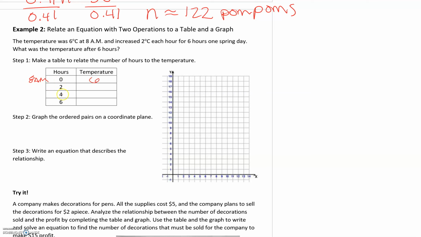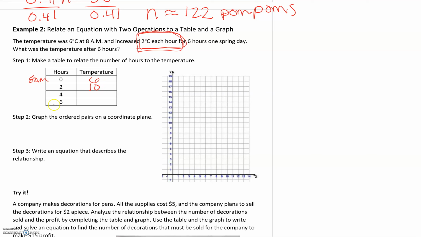Okay, so then after 2 hours, so each hour it's increasing 2 degrees. So if it's increasing 2 degrees in 1 hour and 2 hours, it's going to increase by 4 degrees. Okay, so here I'm going to have my 6, but it's increasing by 4 there. So I'm going to have 10 degrees.